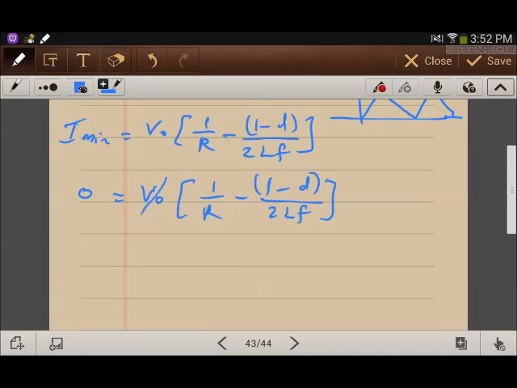VL will go since it's a constant, and I will find that L will equal (1 minus D) multiplied by R divided by 2F.